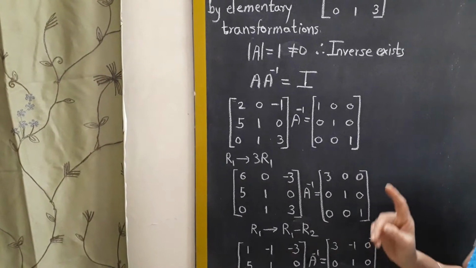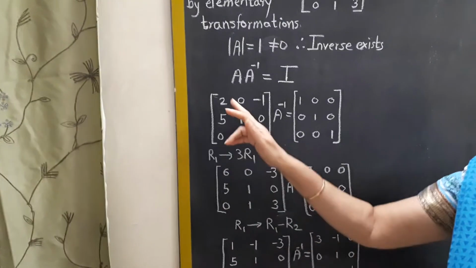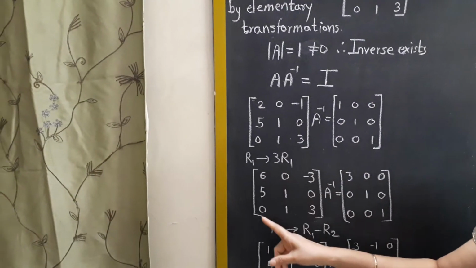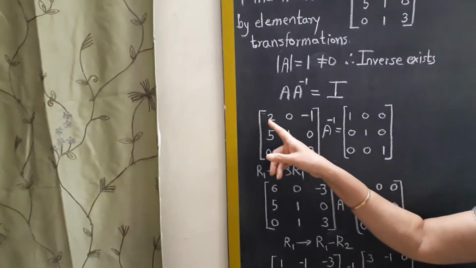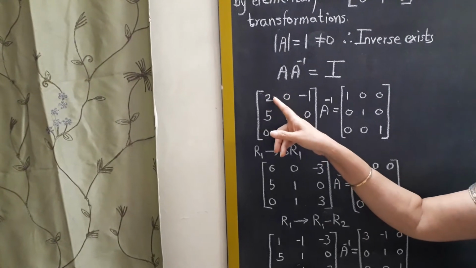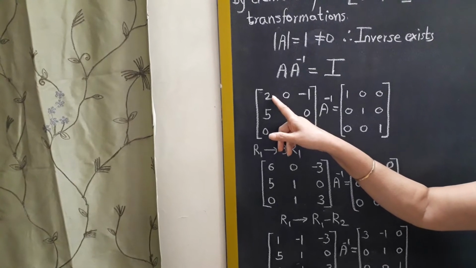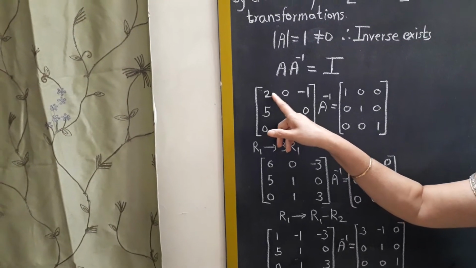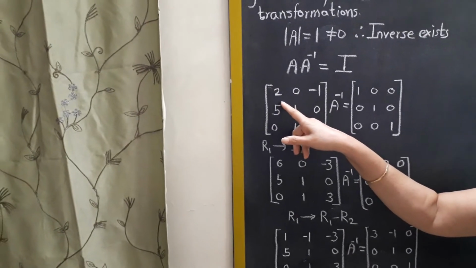The first step is to complete the first column because we are using row transformations. Since we have to complete the first column, this means that we have to get 1 over here. In the previous example we have seen that 1 was already there, so we didn't need to find out how to get 1 instead of the number.